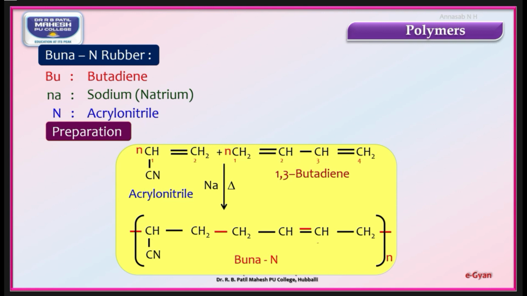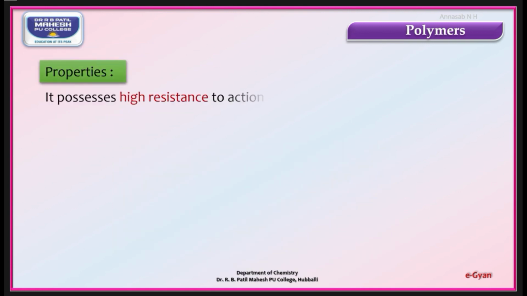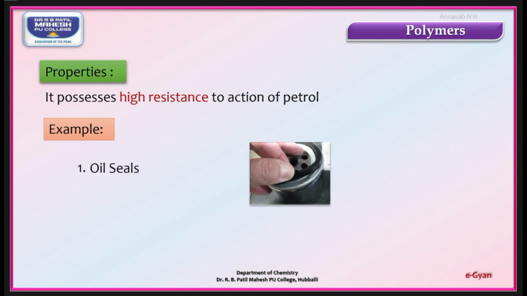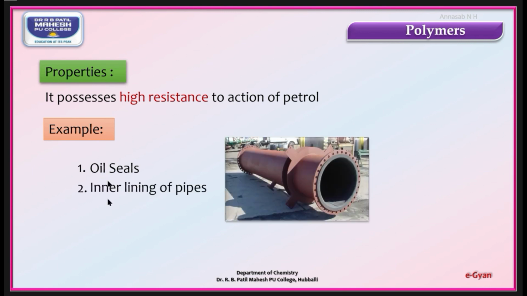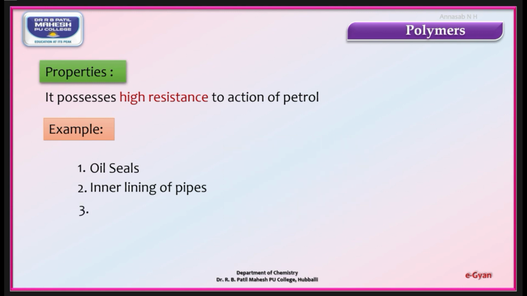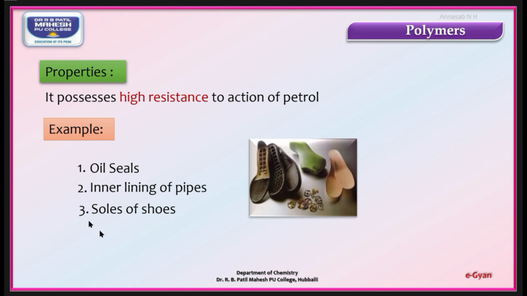Moving to the next part, properties. It possesses high resistance to the action of petrol. Examples: these are used in oil seals. Second, it is used in the inner lining of pipes. Next, the third application, it is used in the manufacture of soles for shoes.